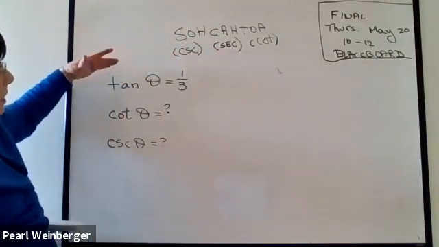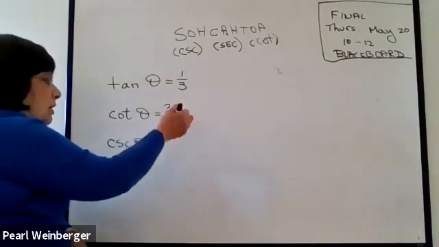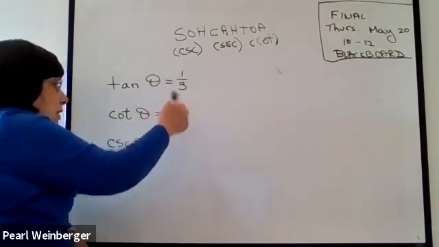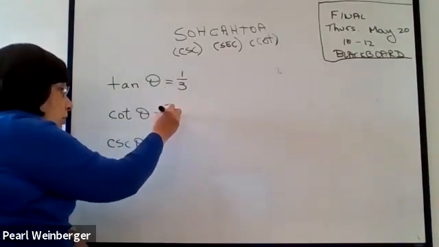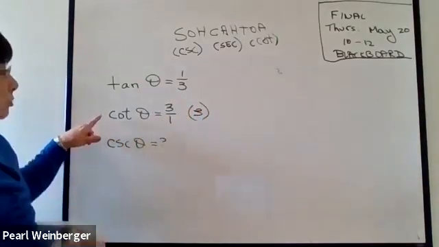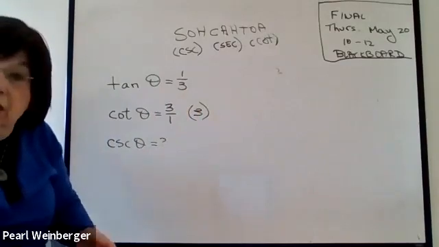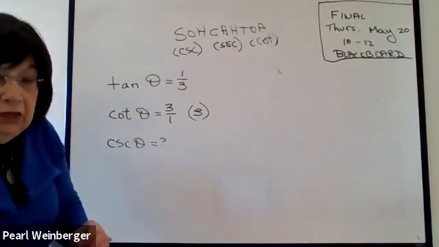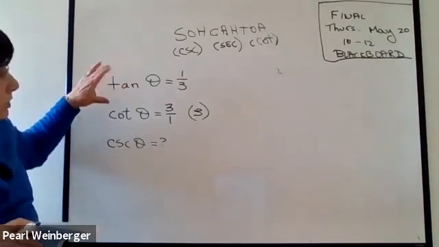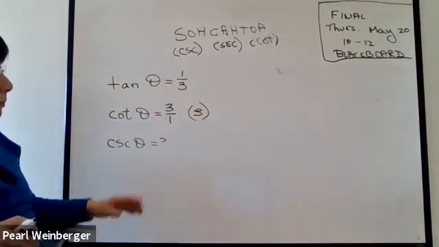The same thing. If they gave me the tangent to find the cotangent, I just have to flip it over. The cotangent then would be 3/1, or just 3, because the cotangent is the reciprocal of the tangent. So sometimes these questions are really quite easy. You just have to know that the cotangent is the reciprocal of the tangent.